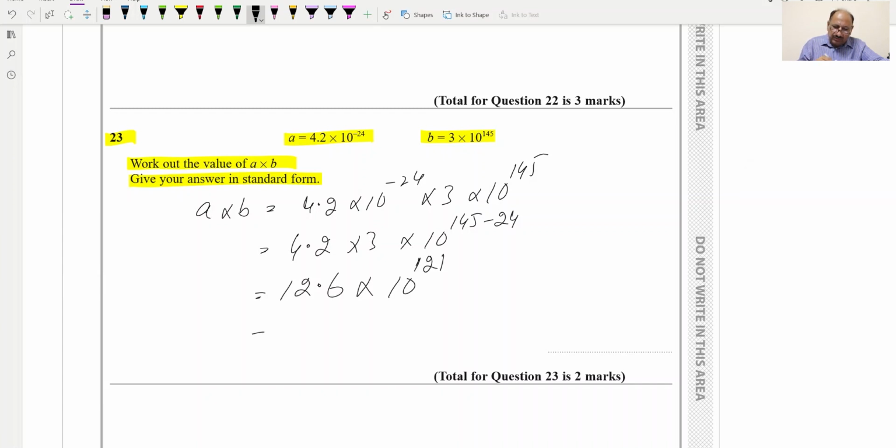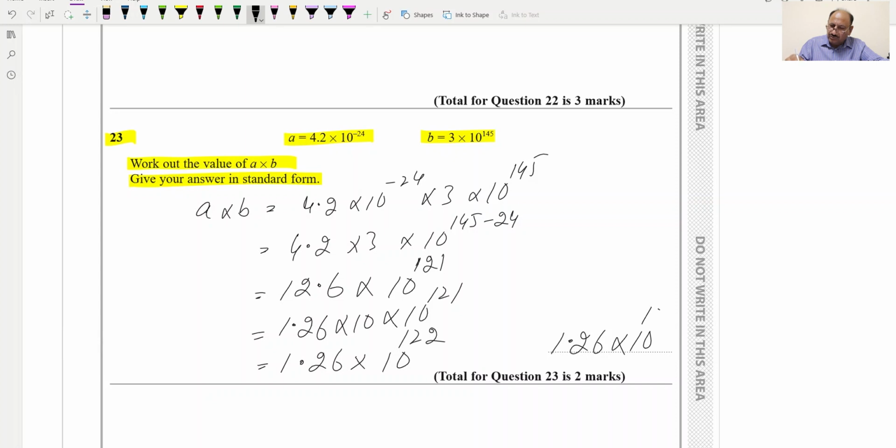So 12.6 into 10 raised to 121, and this one we'll have to write in standard form. 12.6, we need to move this decimal after 1, so it will be 1.26 into 10, and this will be 10 raised to 121, and we can combine, and this we can write 10 raised to 122, and this will be our final answer for this question, which is 10 raised to 122. Okay, so this is 2 more questions which we are done with.